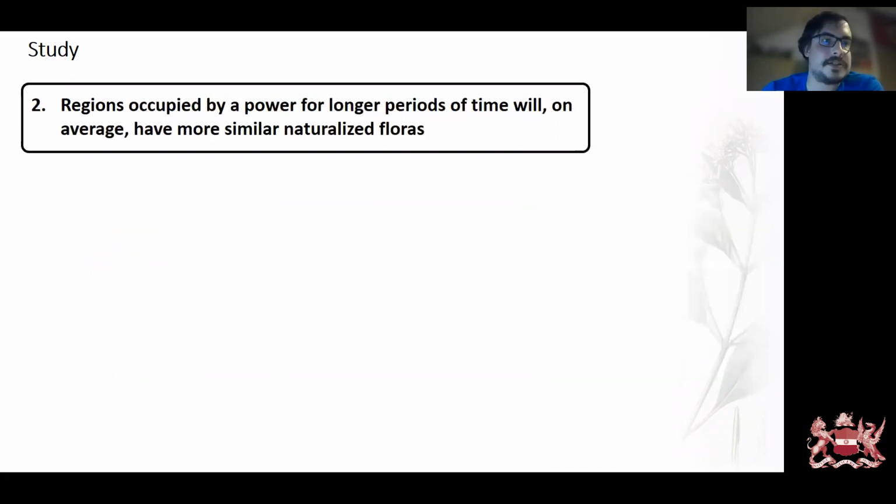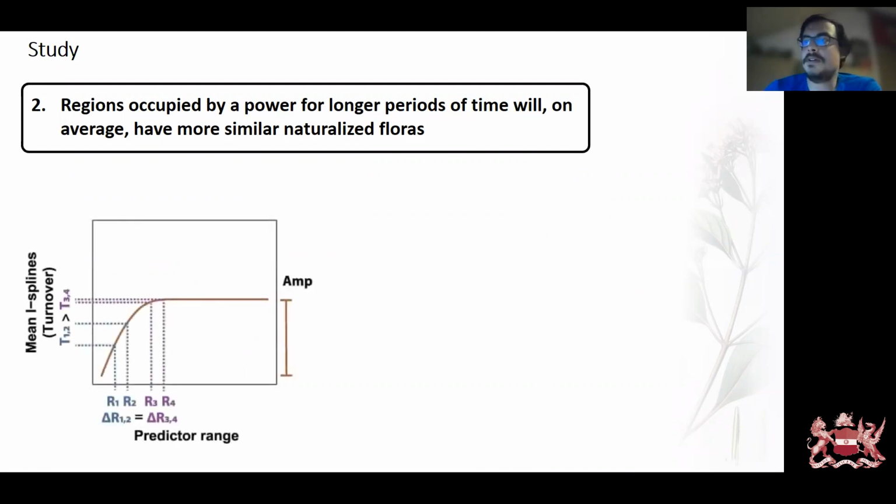So in the next step, we asked what drives these patterns of similarity in the naturalized floras. What we see here is we have on the y-axis the turnover we see among species, and on the x-axis we have the predictor range of the specific predictor we're looking at. So for example, climate. This line has two features. One is the amplitude here on the right. The amplitude indicates the relative importance of the predictor compared to other predictors.